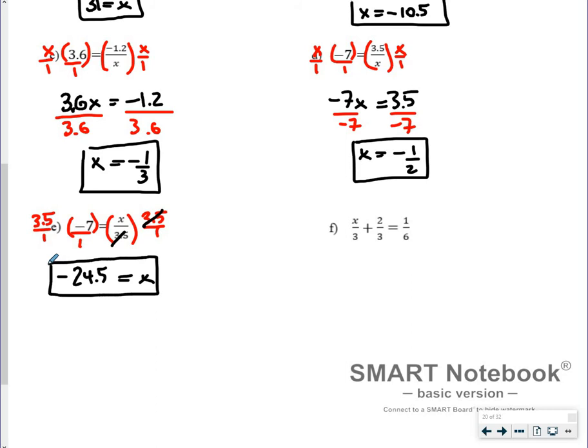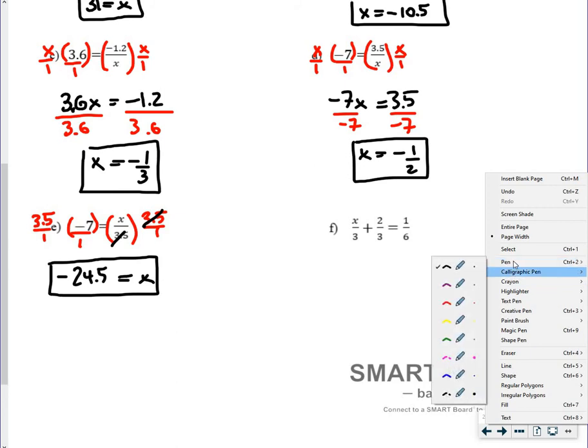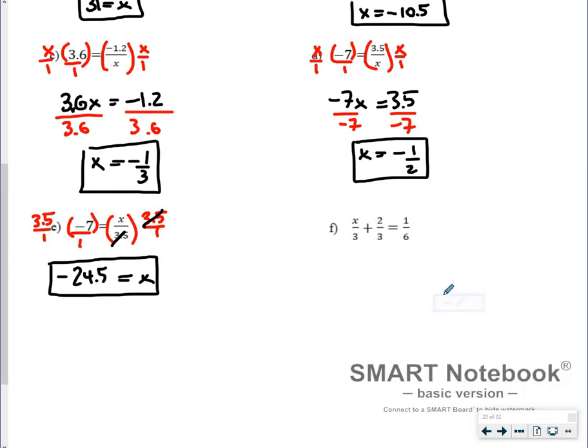Okay, just a few more. F. So x over 3 plus 2/3 equals 1/6. So the variable is currently in the numerator, so I don't need to multiply everything by the variable. It's already upstairs. I need to work to get the variable on its own.